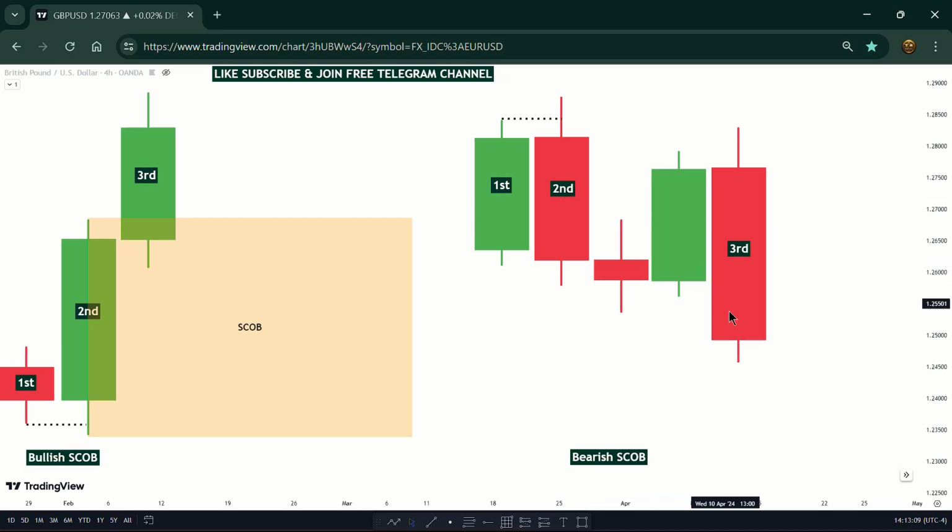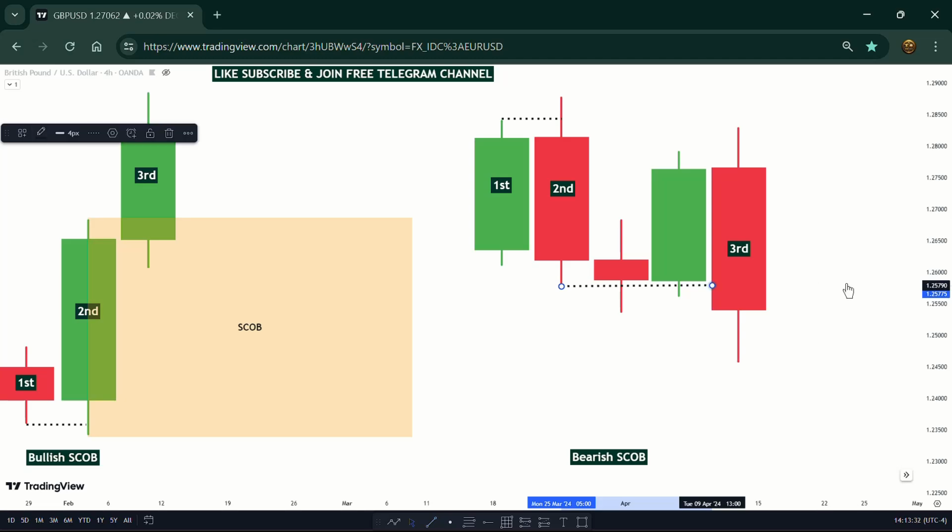Now if this candle closed here, some of you are already thinking that since it has already closed with a full body candle below this low here, then it's going to be considered a single candle order block.